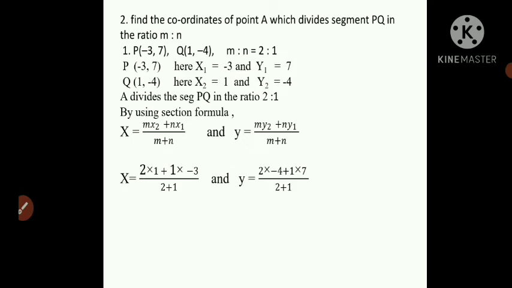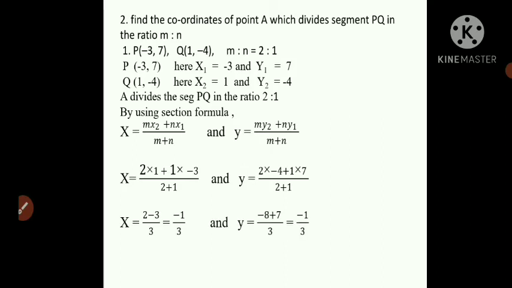And for y, my2, m is again 2 multiplied by y2 is minus 4 plus ny1, n is 1 multiplied by y1 is 7, upon m plus n means 2 plus 1.